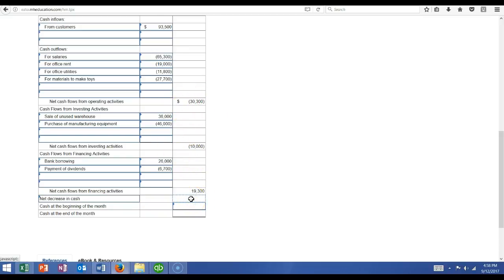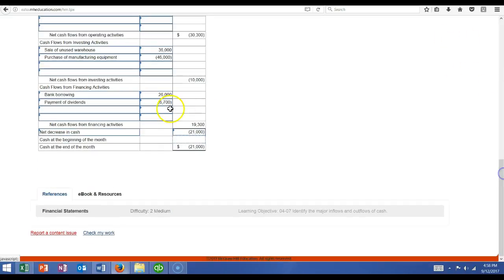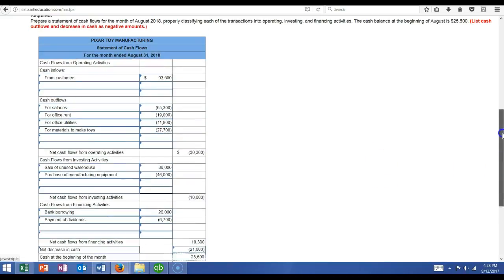So we've got a minus $21,000 decrease in cash. It should tell us what it started at at the beginning of the period. The cash balance at the beginning was $25,500. Therefore, the cash at the end of the month should show as $4,500.